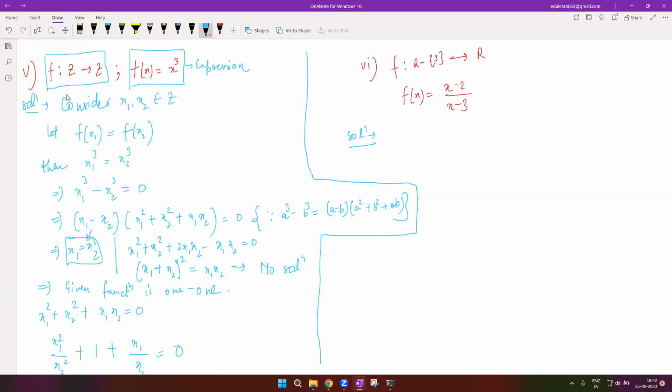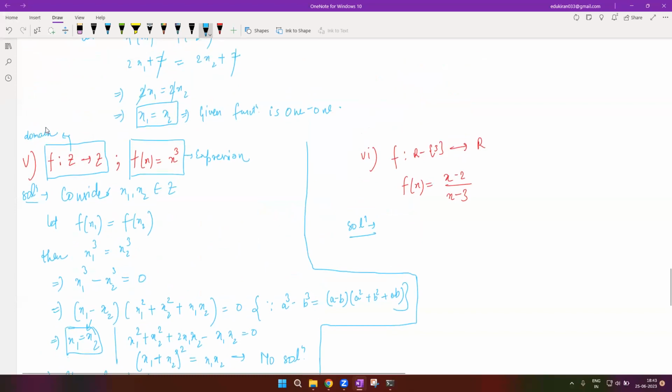So basically the set of integers, in the given fifth question, the set of integers which is represented by Z is the domain, and the set of integers is the codomain, Z and Z. So first is domain. This is the domain of the function. And this set represents the codomain of the function.